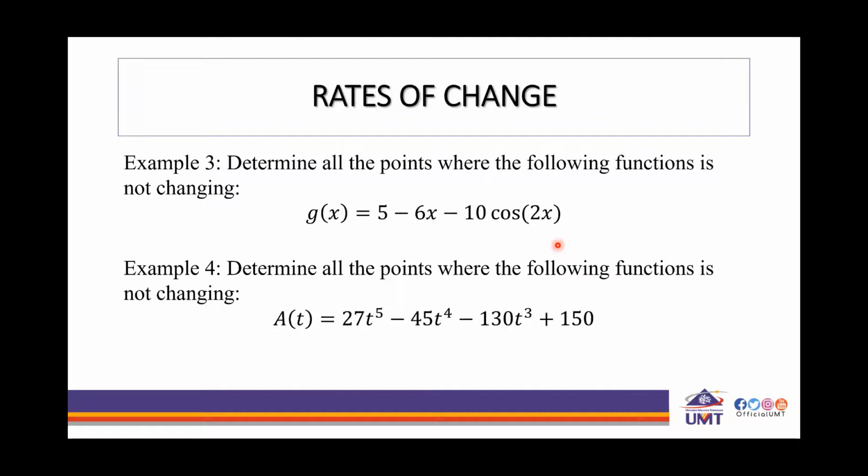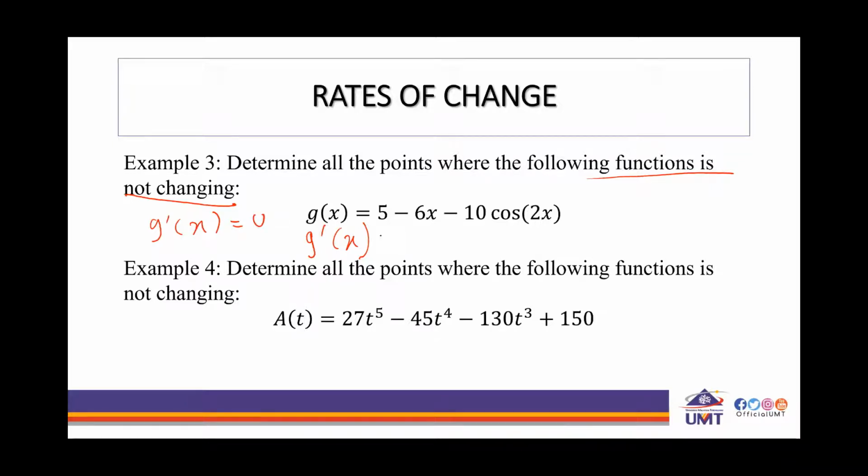If you find this type of question, the following function is not changing, it means they want you to complete the differentiation of the function. In this case, they want you to find g prime of x. And since the function is not changing, the rate of change is 0, which means g prime of x equals 0.